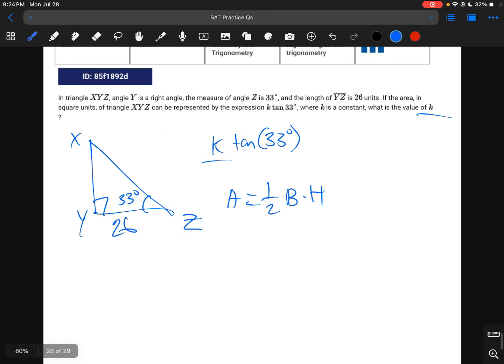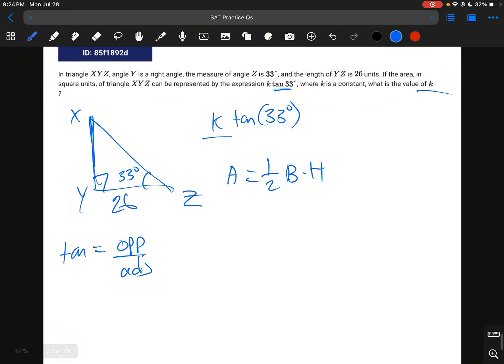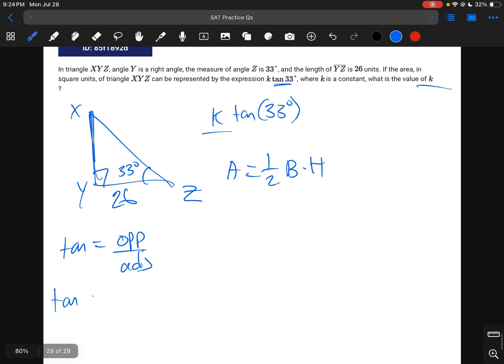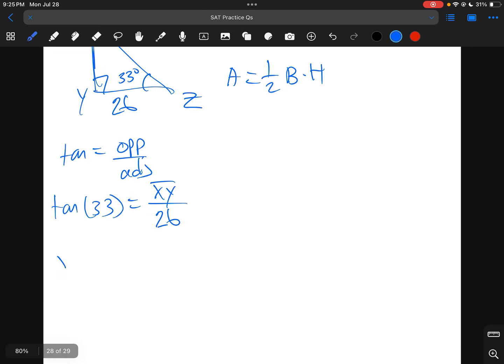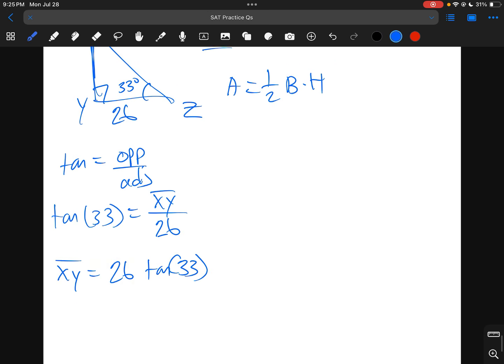That is the area. So we know that we can find this length because we're told that this angle is 33 and we use the tangent. Because the tangent is equal to opposite over adjacent. So the tan of 33 is the opposite, which is the length XY, over the adjacent, which is 26. So we can solve for XY by saying XY is equal to 26 times the tangent of 33.